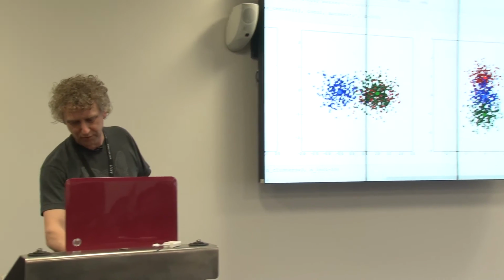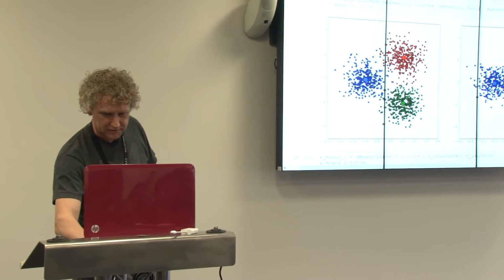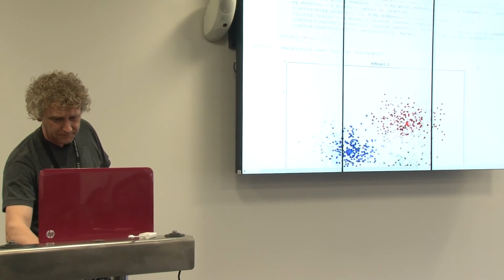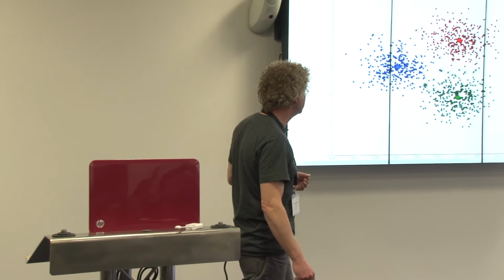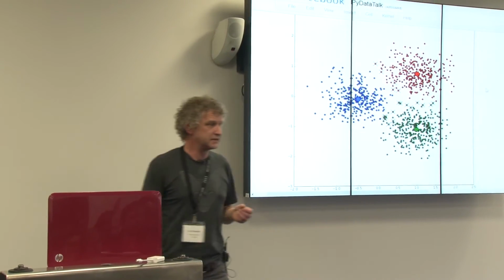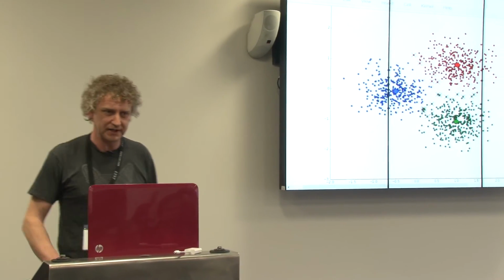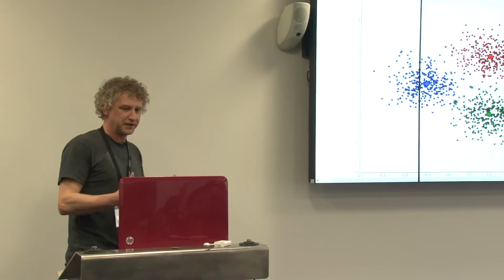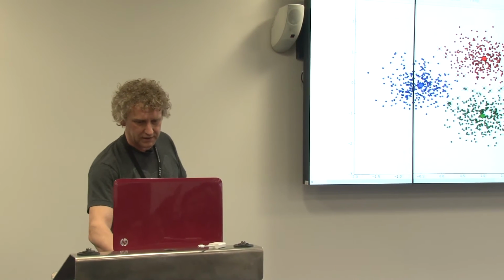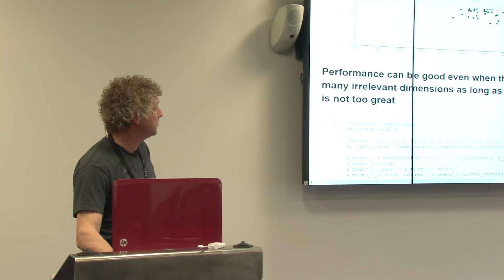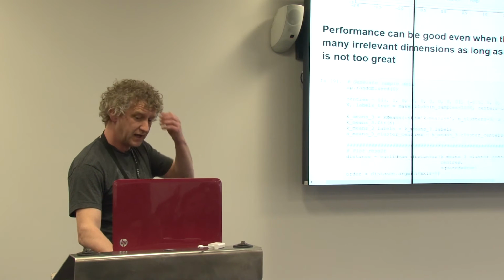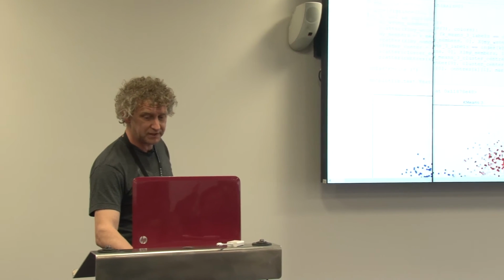Is this going to be a problem? Is it going to disrupt our clustering algorithm? And the answer in this case is to a large extent no. Despite this added dimension that contains no information, we're still finding a useful cluster. We can carry on adding in more irrelevant dimensions and still end up with reasonably good performance.